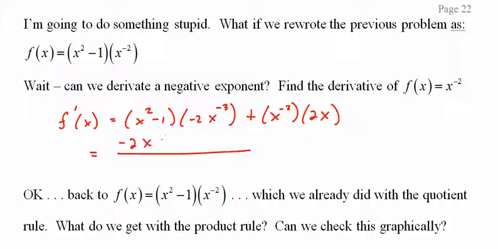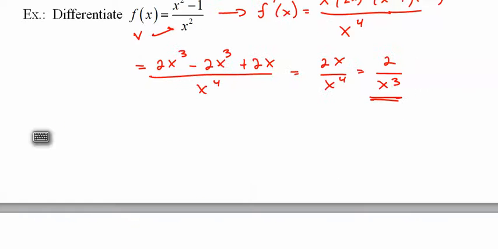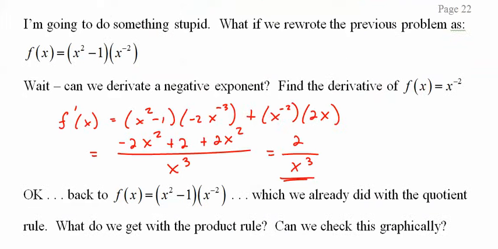Taking the negative 2 here, distributing it, putting the x to the third on the bottom, multiplying another x up top so that I have a common denominator, I get 2 over x to the third. My apologies for skipping the steps. If you want to do that the long way, by all means. How do we do? 2 over x to the third, 2 over x to the third.